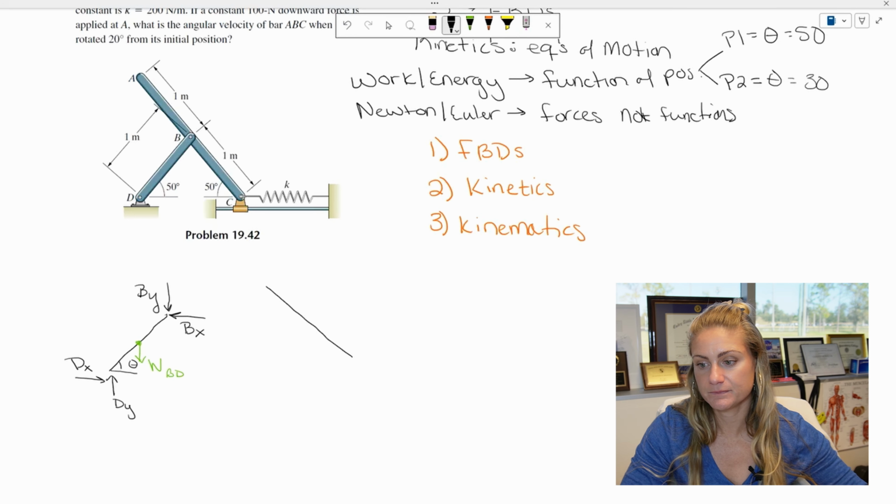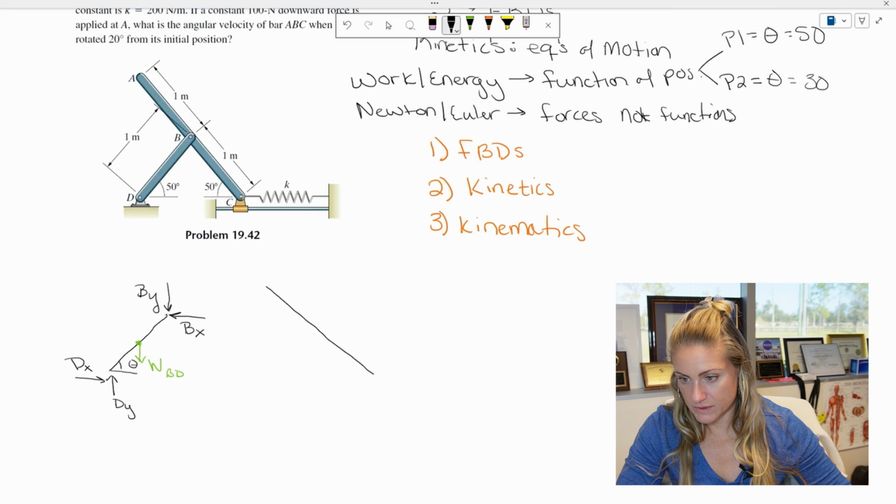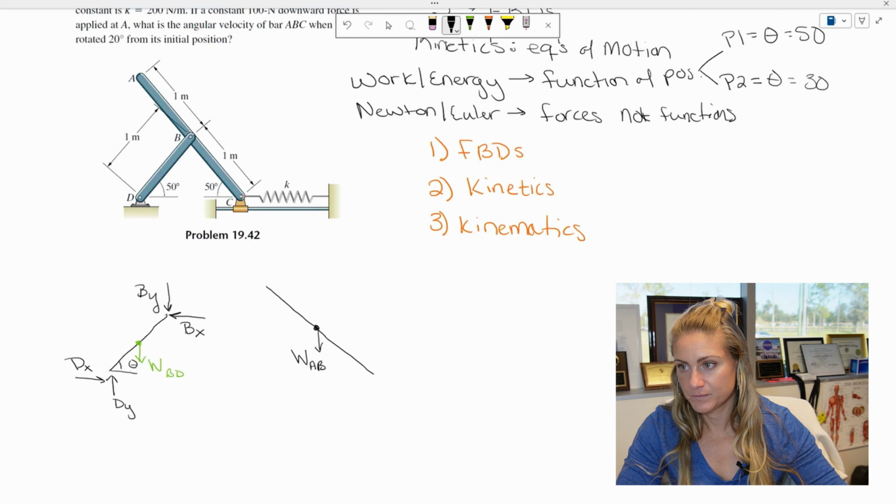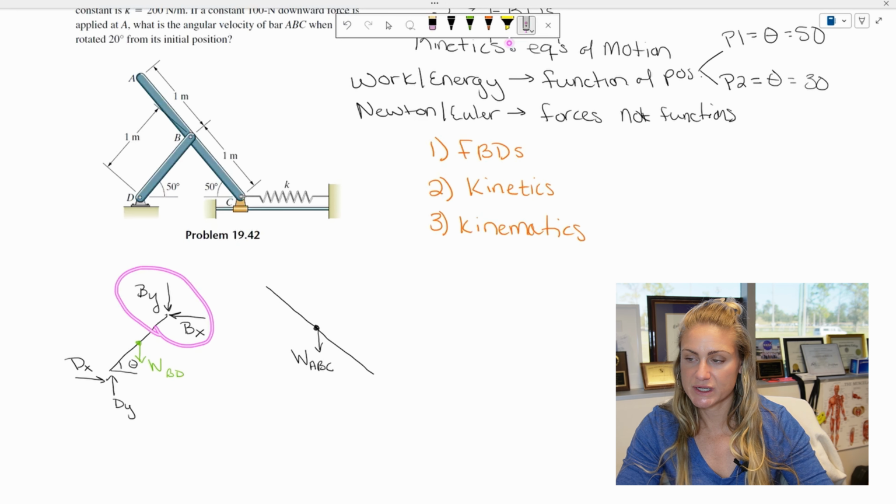So that goes here. As always, we have a weight acting down. So we have our weight as ABC. At point B, we will also need to transfer these forces. To transfer them, you're going to do equal but opposite.